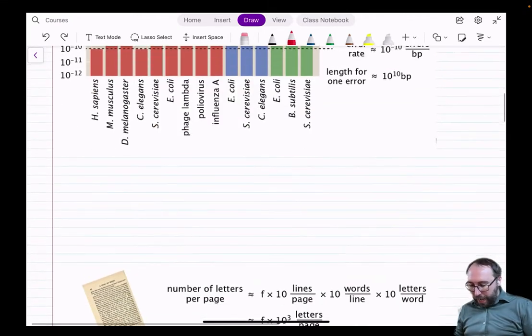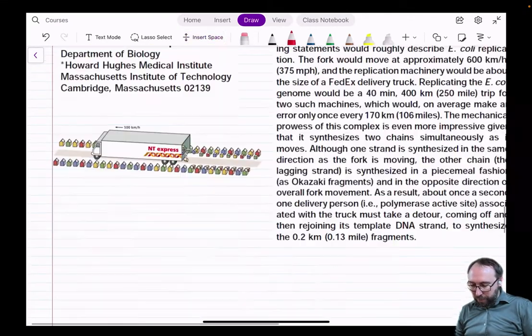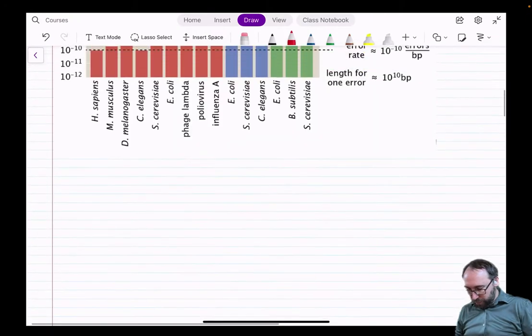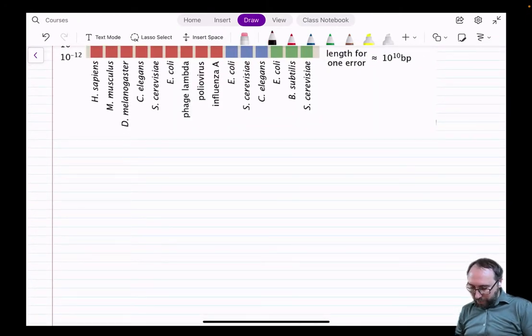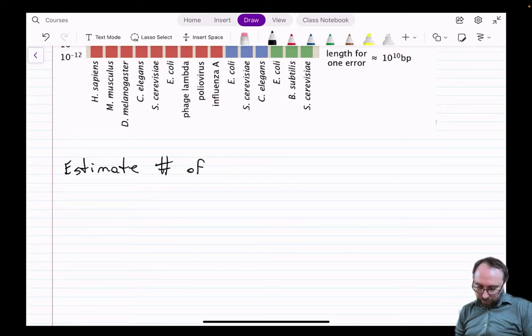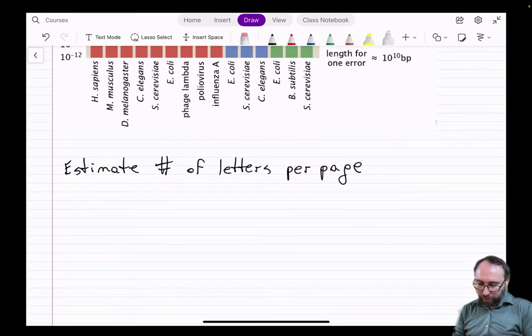The first thing I want to do is to estimate the number of letters per page, the typical number of letters per page. What would you say?